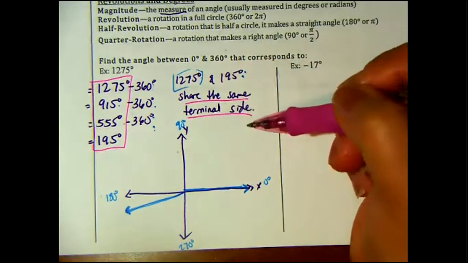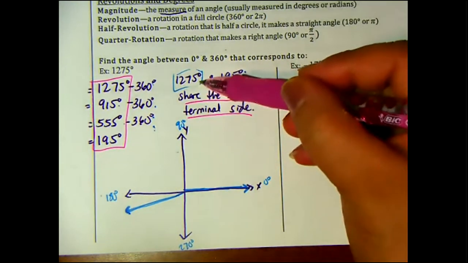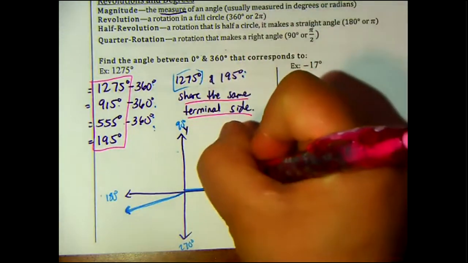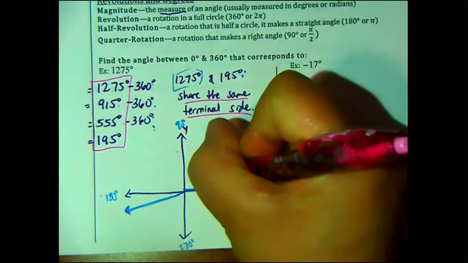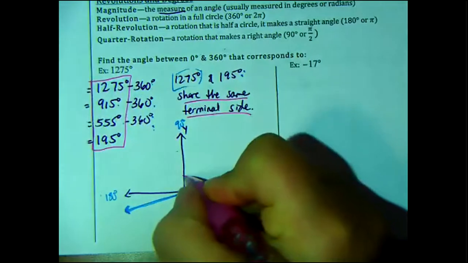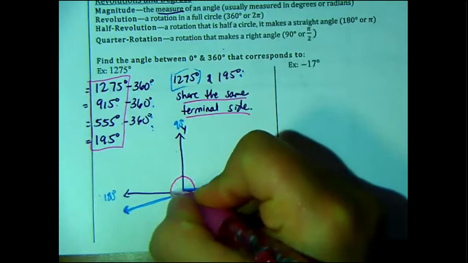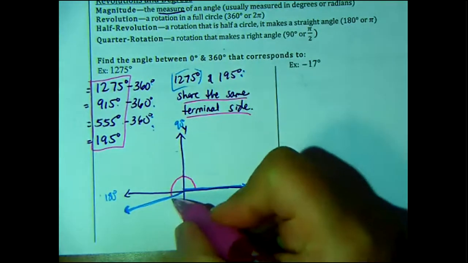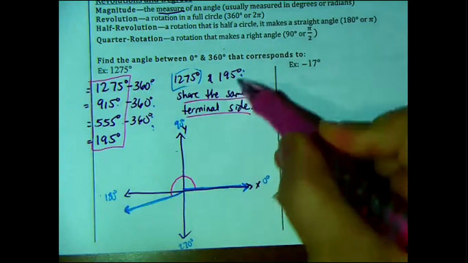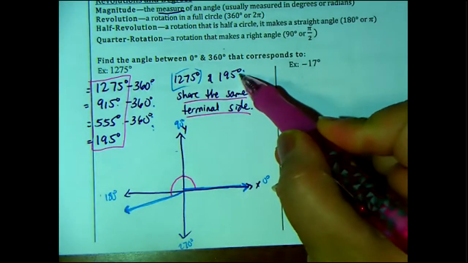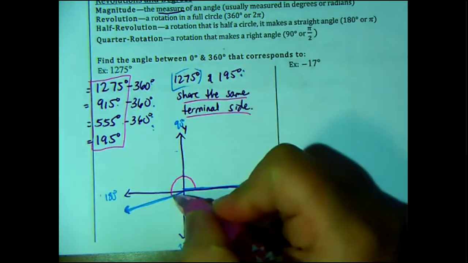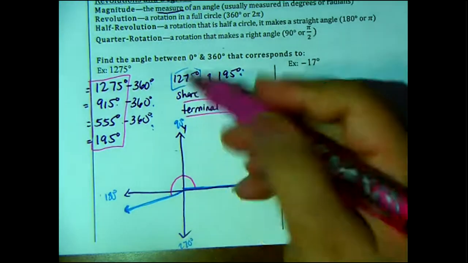So what happens here? Okay, how do I graph this 1,275 degree angle? Okay, so I start on my initial side and I start making a circle in the positive direction because this is a positive angle. Now, if I were to stop at my terminal angle here, that's my 195 degree angle. But I don't want to stop at my terminal angle because I'm graphing this guy.